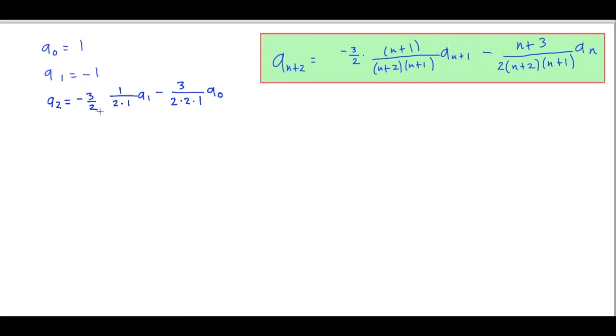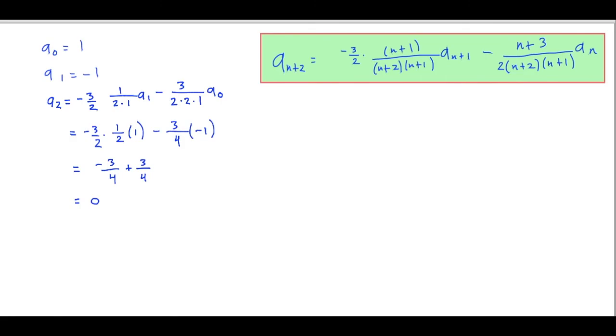So that's what I have in this first term here. And then in this second fraction, again, I'm plugging in n equals 0. So that gives me 3 over 2 times 1 times a sub 0. Now a sub 1 and a sub 0 are specific terms that I have previously identified, so I can plug those values in. And it looks like a sub 2 actually simplifies to 0.